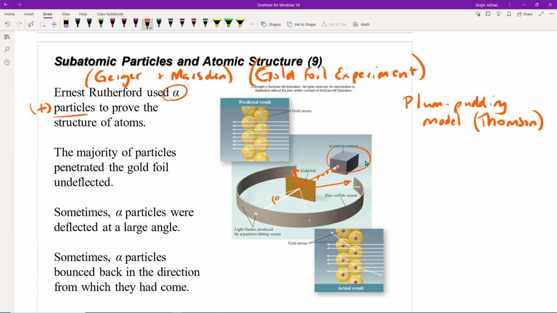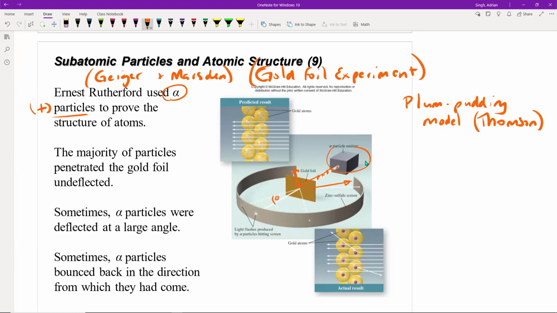A good analogy to this is if you have like a bullet, for example, and you shoot it at a piece of paper, and the bullet hits the paper and it comes right back at you. That's analogous to what's going on here. So, it was very eye-opening just to observe the alpha particles be essentially repelled back to where they came from.